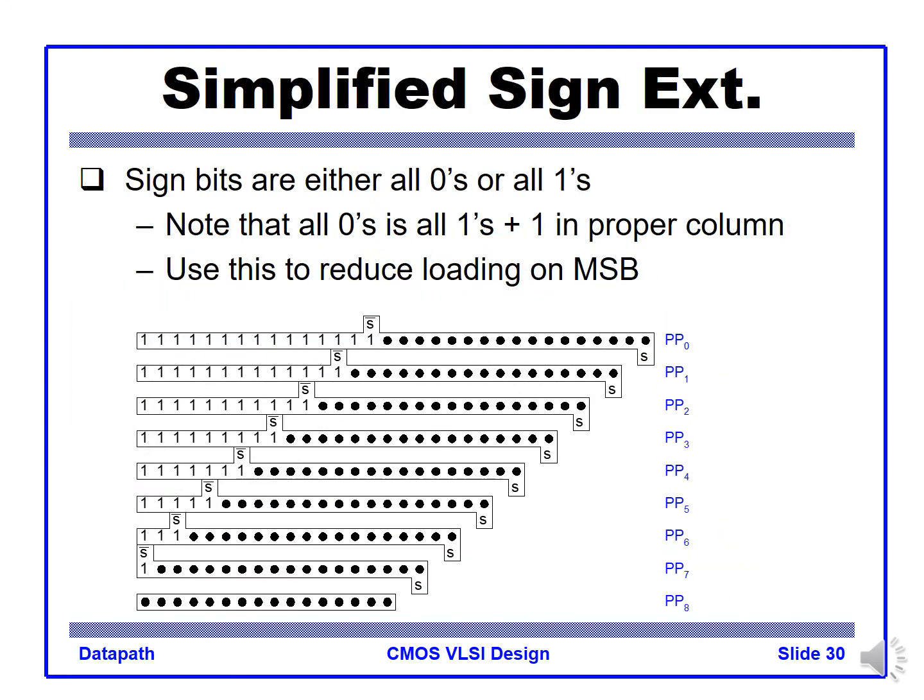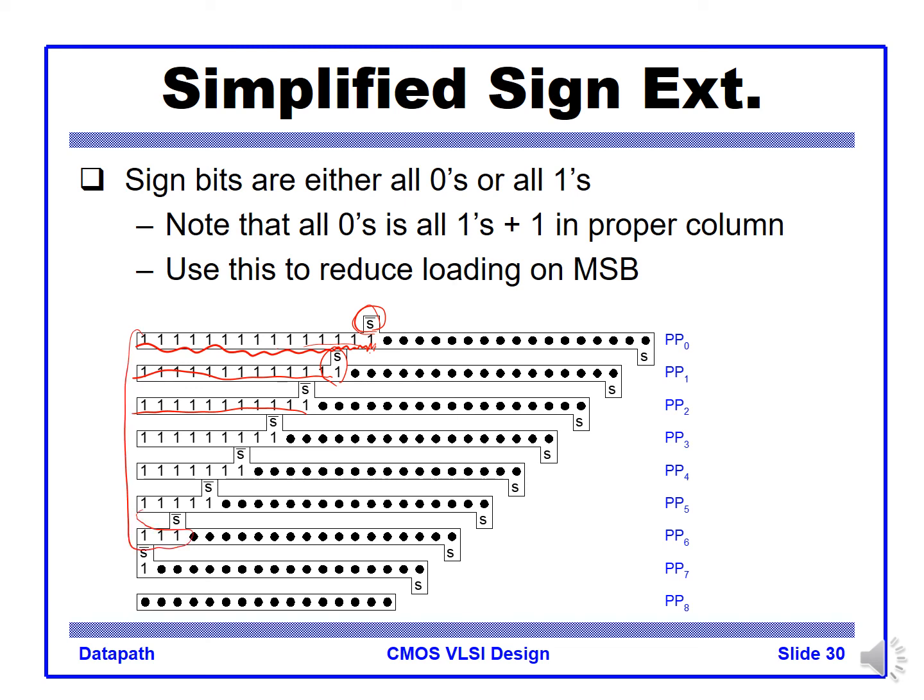For example, if you invert the sign and add all 1s, then it is the same as the sign extension. For all partial products, we invert the sign at the MSB and then add 1.